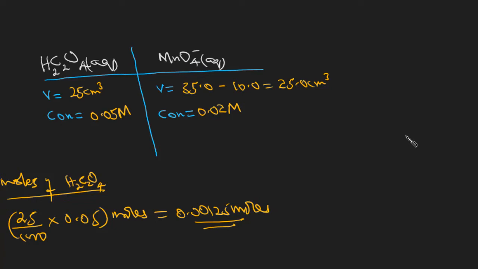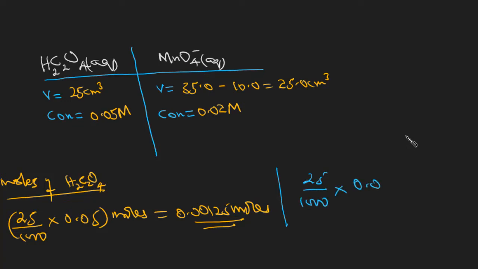this oxalic acid was in the conical flask, and it reacted fully with 25 centimeters cubed of manganate(VII). Let us calculate the number of moles of manganate(VII) which have reacted. So it is 25 over 1000 times the molarity.